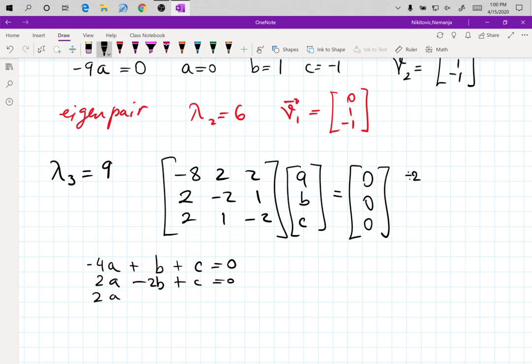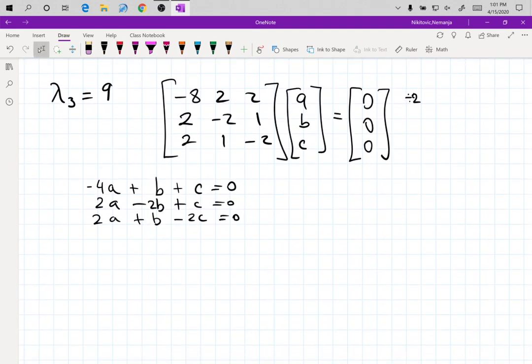And 2a plus b minus 2c equals 0. You can remove any of the variables to reduce the system.